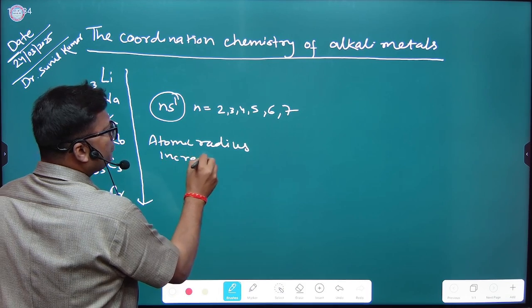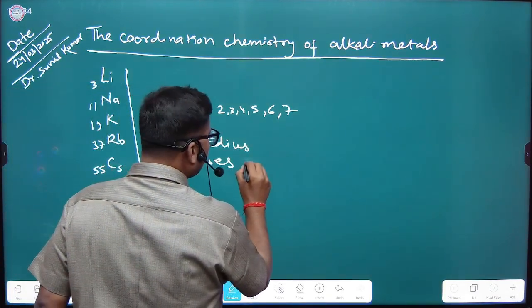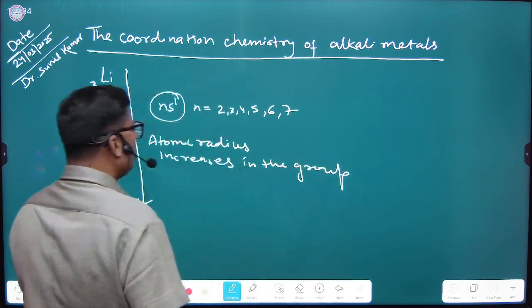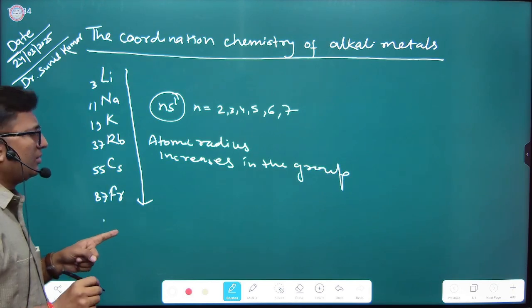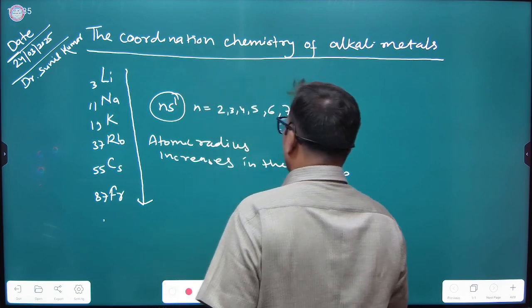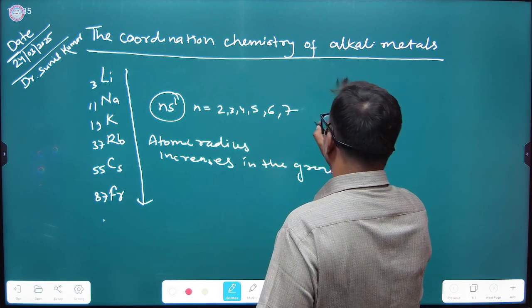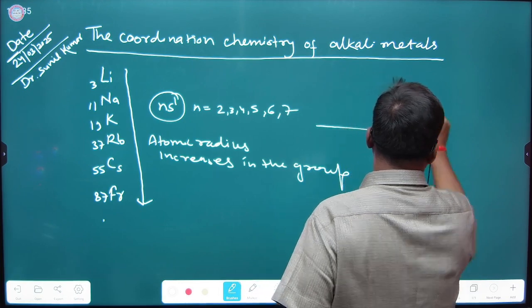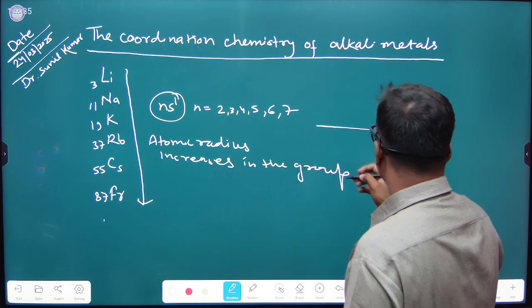in the group, because all of these alkali metals are group 1 elements. All these elements form M+ cations through the oxidation of one outermost electron.